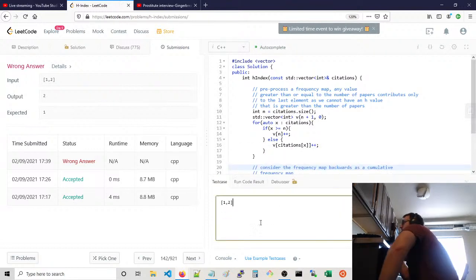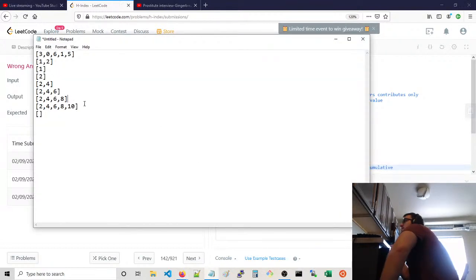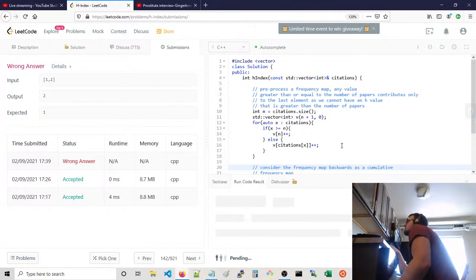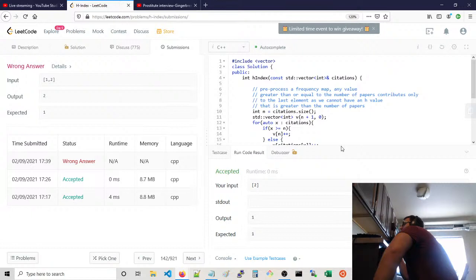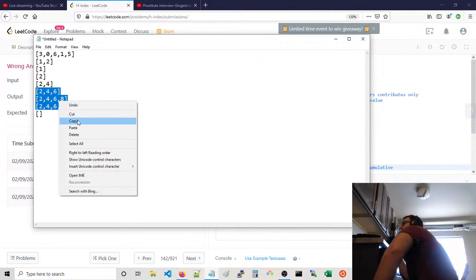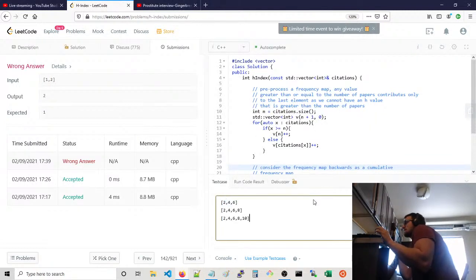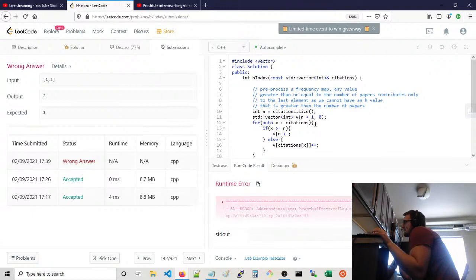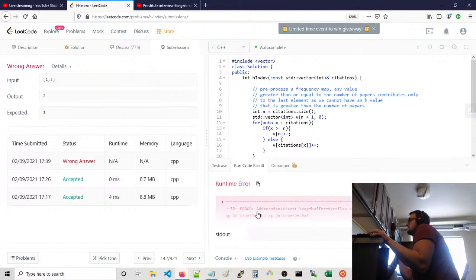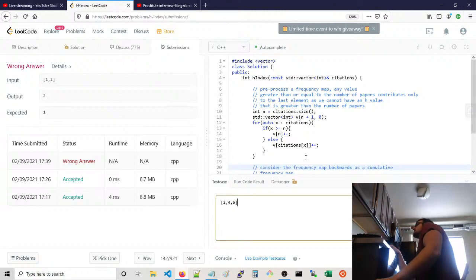All right, so let's find. Well, we have this wrong answer, but I actually want to find the one that caused the exception. Is that this one? No. Really? One of these? Oh, this one? Yeah, okay, that's okay. I wasn't expecting that. So we got a wrong answer and we got a runtime exception. Okay, let's focus on these two.